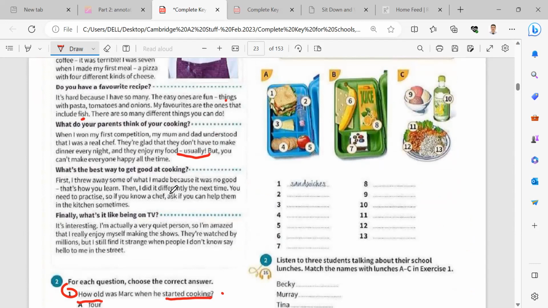Scan this paragraph, please. C. See what she says? Learn from your mistakes. Exactly. Well done. Learn from your mistakes.